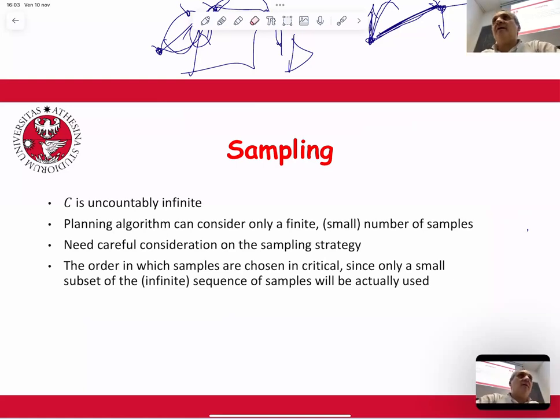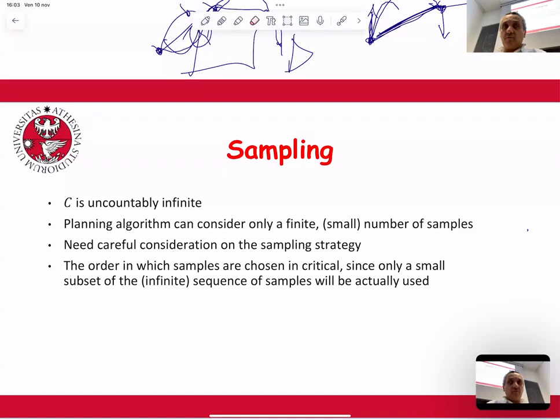It's not even countable. Whatever planning algorithms I can choose can only deal with a finite and typically small, relatively speaking, number of samples. So this means that the sampling strategy becomes important, okay?